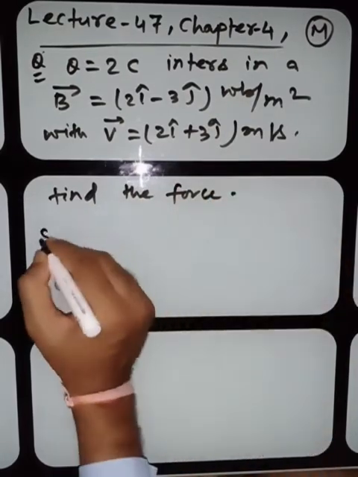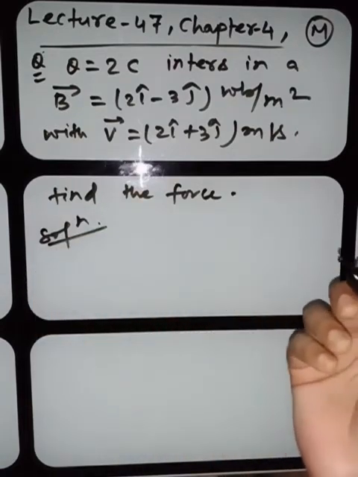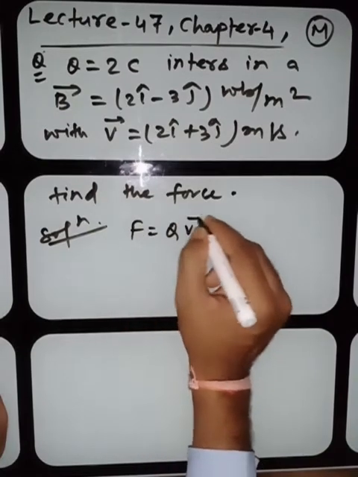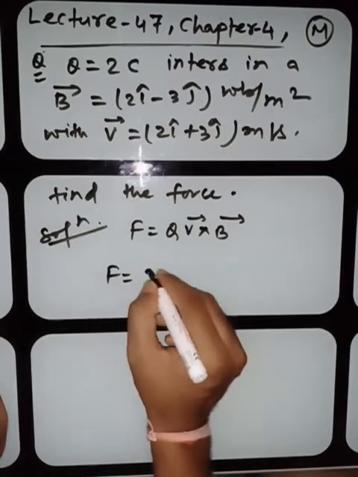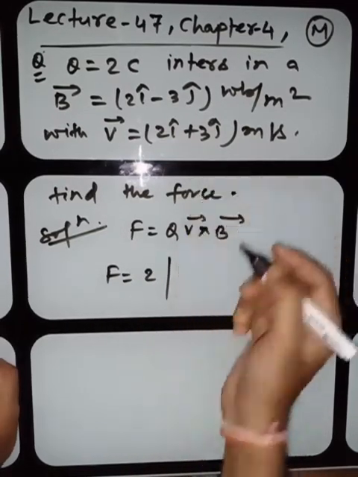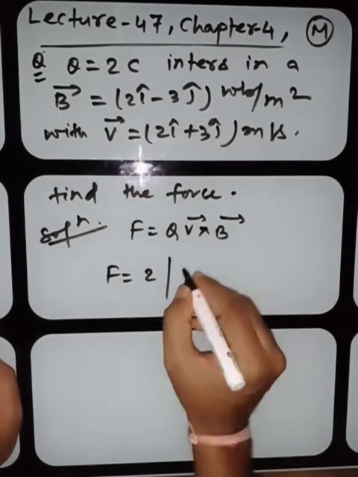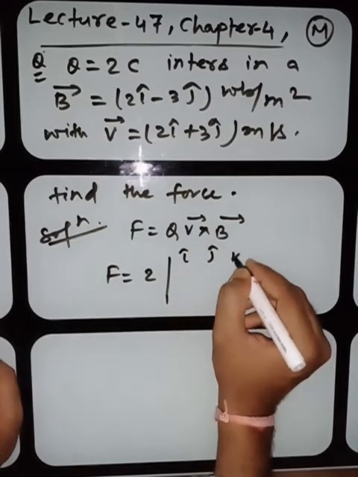Let me solve this question. If you can solve it, pause the video and try. We know that F equals q v cross B. So here the charge is 2 coulomb, and we put the values of v and B in the determinant with i, j, k.